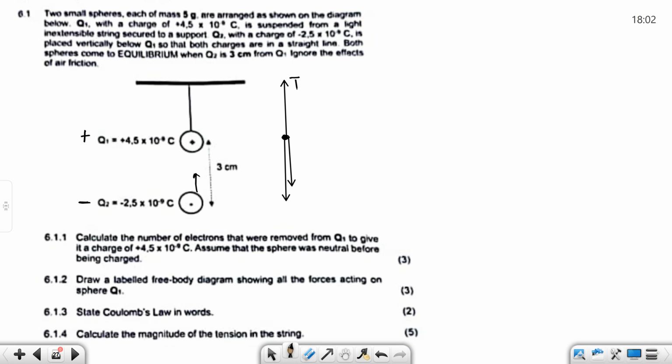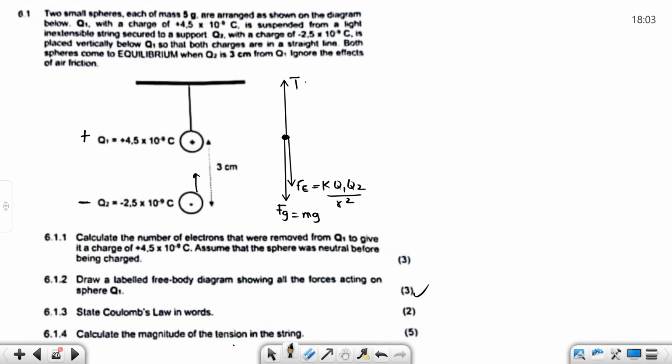What's happening is the negative is actually attracting Q1. So we have an electrostatic force, which is K Q1 Q2 over R squared. Meanwhile, there's also Fg, which is equal to Mg, and there is tension. That's why the free body diagram is 3 marks.